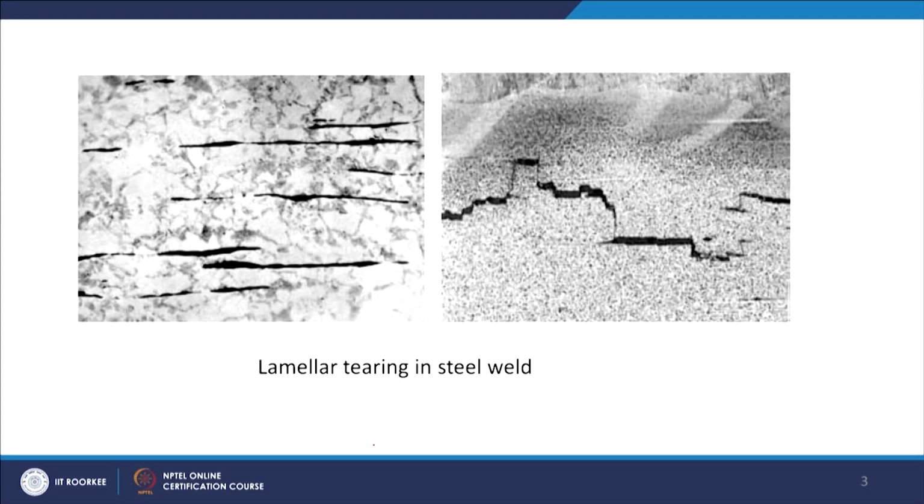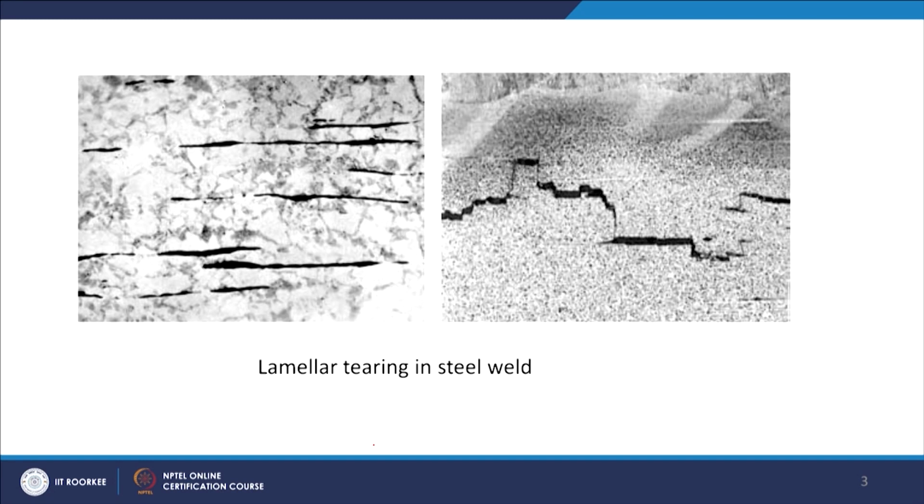In the case of lamellar tearing, these cracks appear closely associated with the edge of the HAZ. Normally you will see it very close to the edge of the HAZ. If you try to visualize the lamellar tear, this is how it looks.